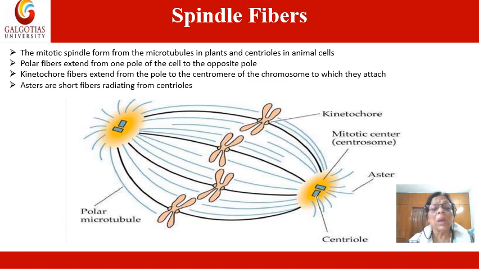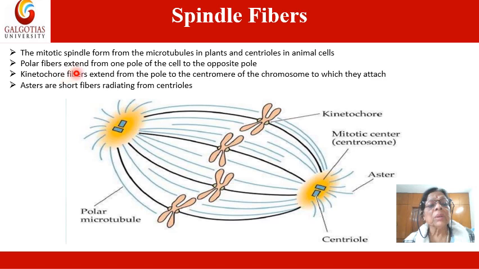Now, this is the diagrammatic presentation of the spindle fibers. The mitotic spindle forms from microtubules in the case of plants and centrioles in animal cells. The centriole divides into two. So these are the two centrioles from which arise these fibers or astral fibers.